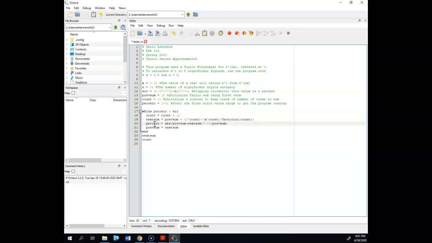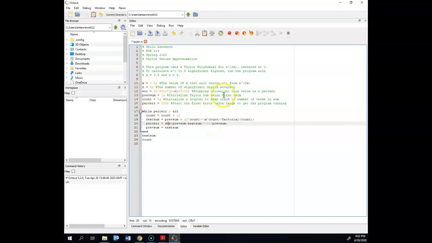I would need to find the percent error between these two values because we don't want to quit until that error is acceptably small. So to calculate percent error, we really don't care which one's larger and which one's smaller, so I'm using an absolute value. We need to calculate the difference between the previous sum and the next sum, and divide it by the previous sum. That will give us a percent change, and then times 100 will turn it into a percentage.